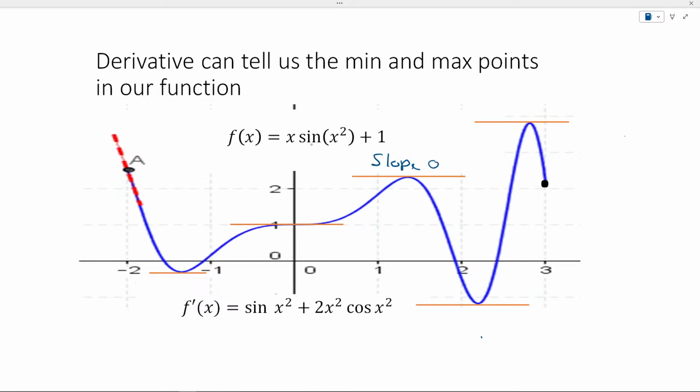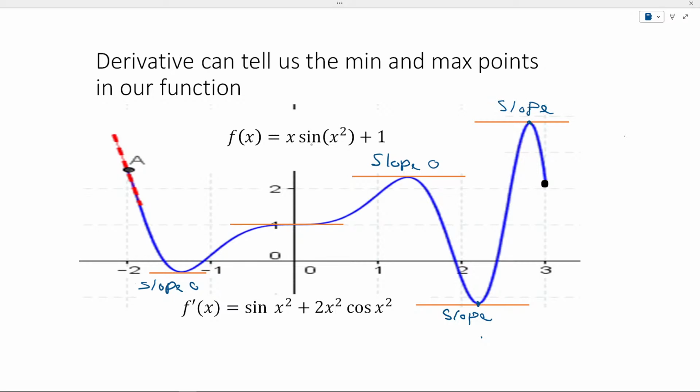What is the slope at this minimum point? The rate of change of the function is 0. Here is another local minimum point. Again, what is the slope here? The slope here is 0. So the slope before this is negative, the slope here is positive, and the slope at this turning point is 0. The slope at this other point is also 0.